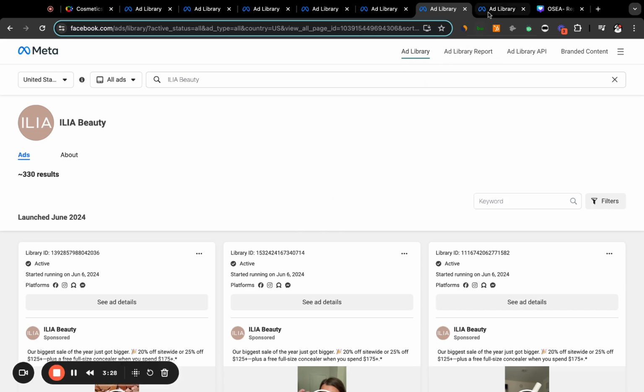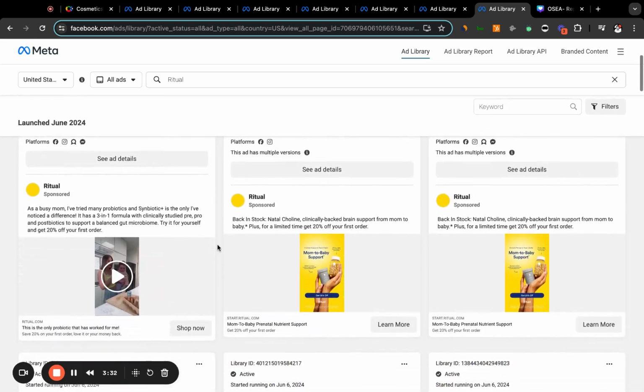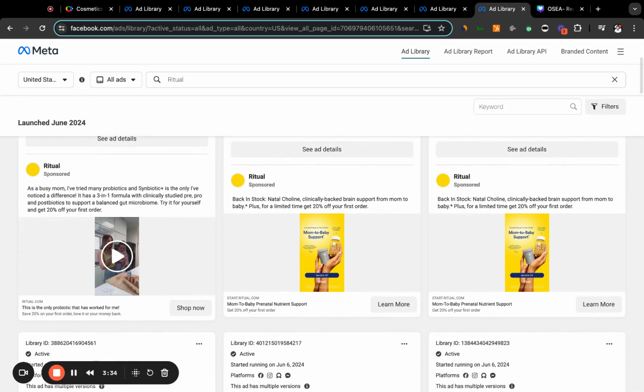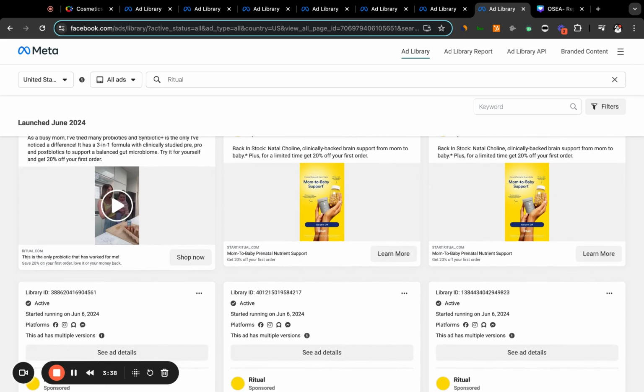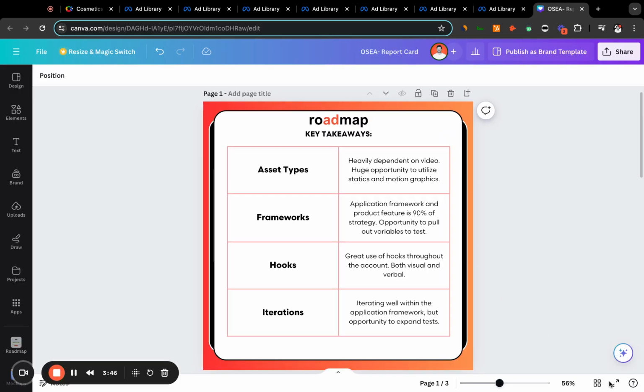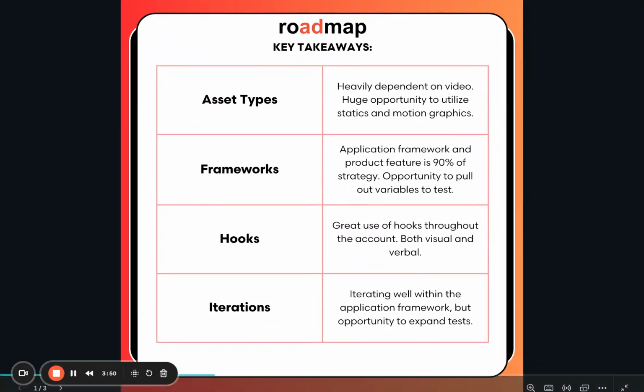If I were in their shoes, I would look at brands like Ilia Beauty. I'd look at brands like Ritual, who do a great job of utilizing statics to convey that information. And I think that balance of asset types would do a lot to further boost the strategy. So overall, looking at a summary of what we just spoke about, OSEA really has the biggest opportunity in asset types.